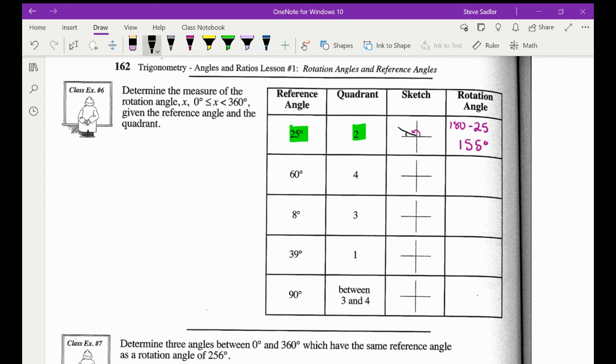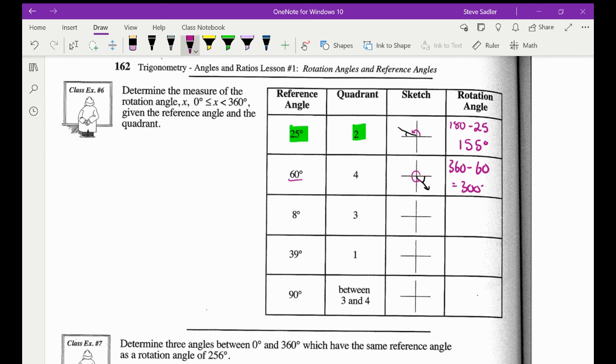Reference angle of 60 in quadrant 4. That means it's over here somewhere in quadrant 4, and that 60 is right there. So the rotation angle, which is all the way around, is going to be 60 less than 360. 360 minus 60 gives us a rotation angle of 300 degrees.